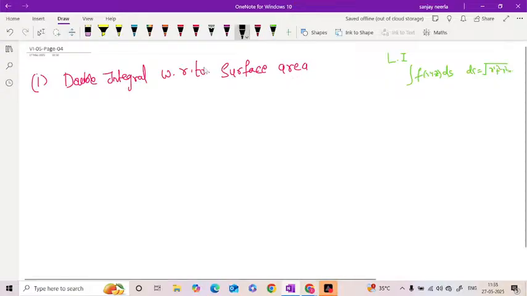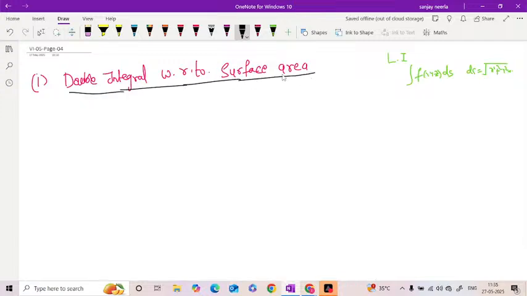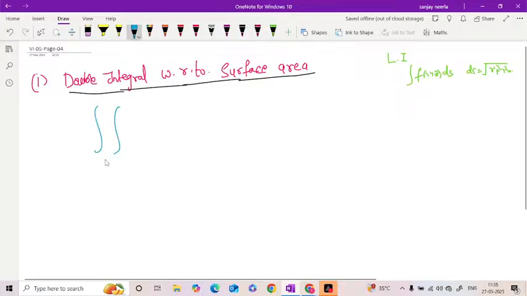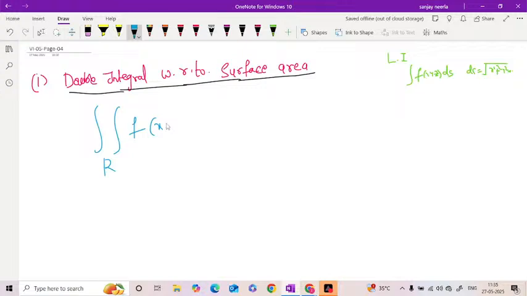Here also the same, the double integral with respect to the surface integrals. We again have three options. The first one is the double integral of function of xy into dA.